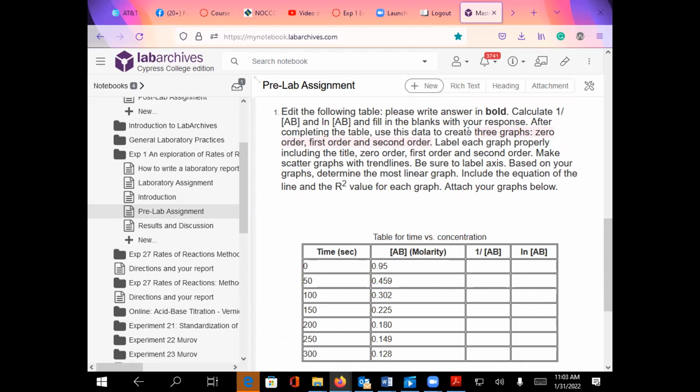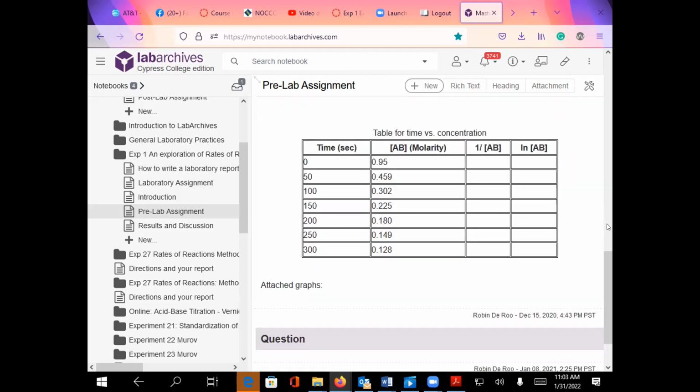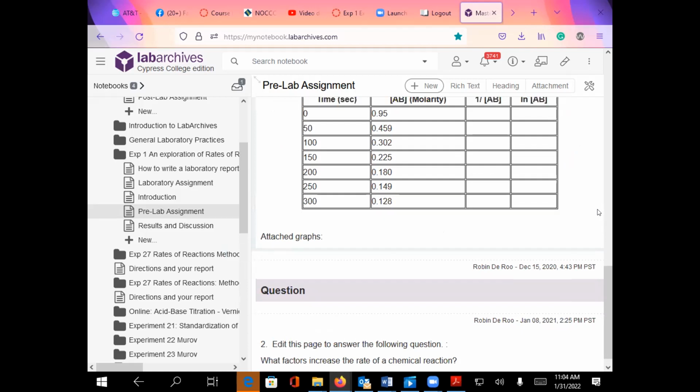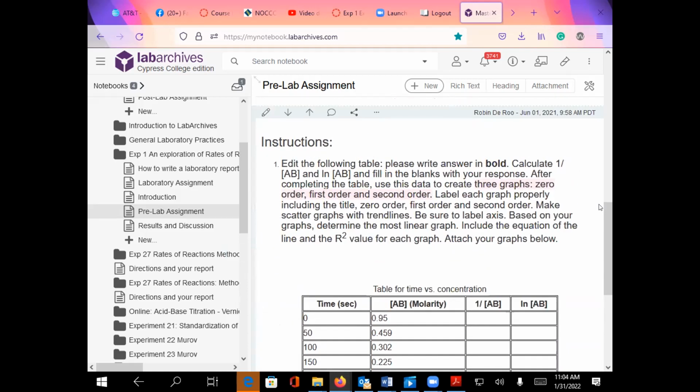It's telling you to make 3 graphs: 0 order, first order, and second order. You could use Excel, and then attach the graphs. So you want a separate graph for each order? Yes.